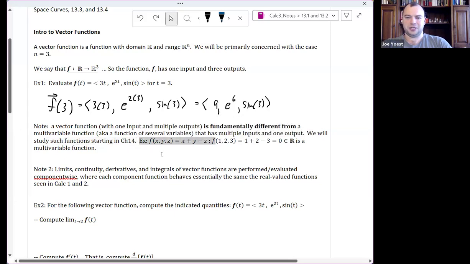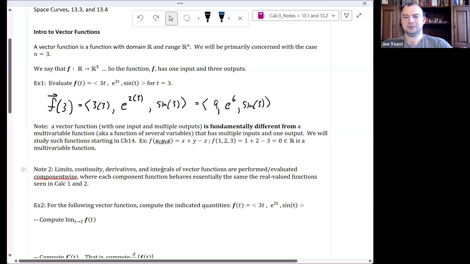But just as a quick example of a multivariable function, not a vector function, not what we're talking about here, but to show the difference, we could have a function f. Note that this f is not bold because it's representing a scalar, an output that's just a real number.